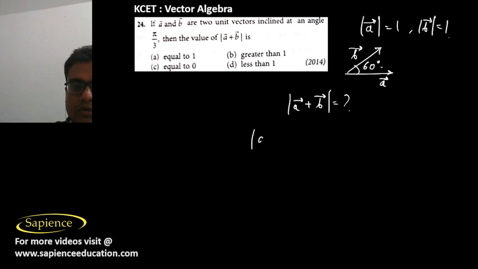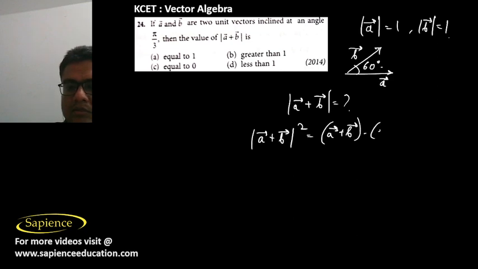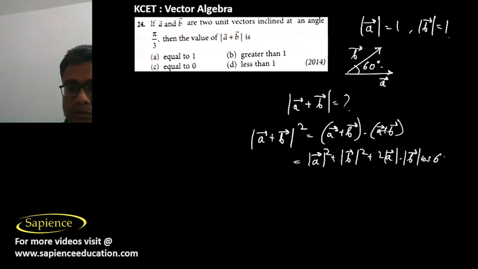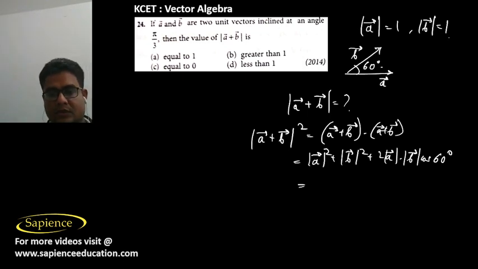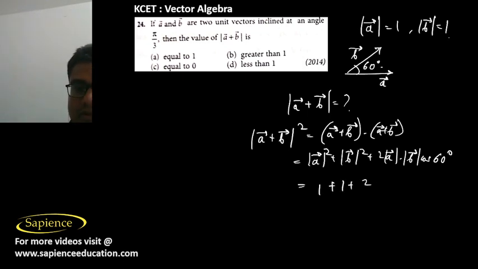So magnitude of A plus B whole square, that I can write as A plus B dot A plus B. This will be equal to magnitude of A square plus magnitude of B square plus 2 A dot B. A dot B means magnitude of A, magnitude of B into cos 60. So that will be equal to 1 plus 1 plus 2 into cos 60.